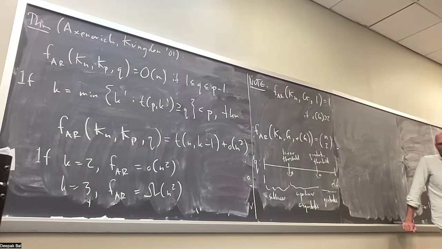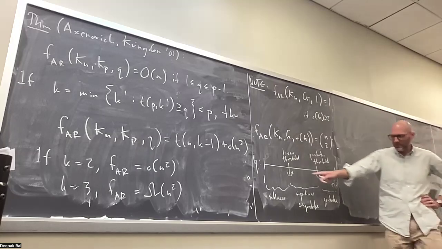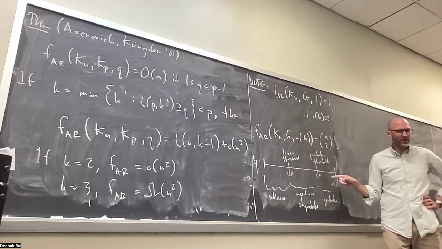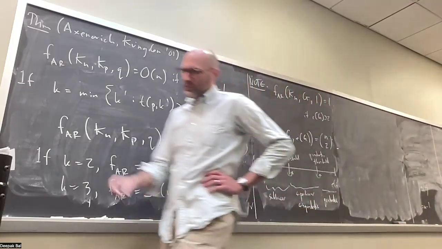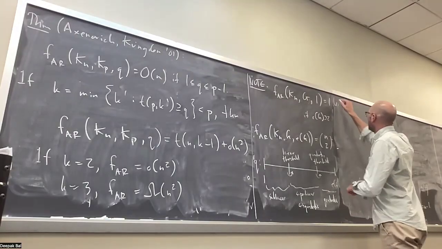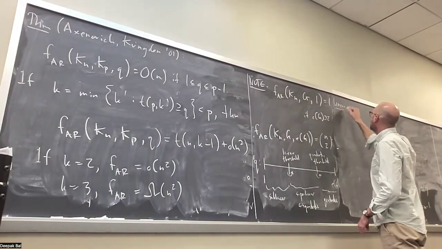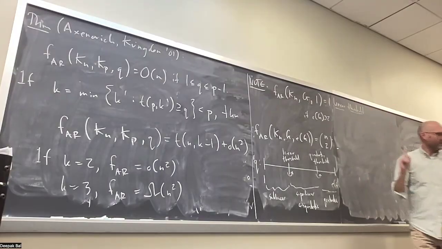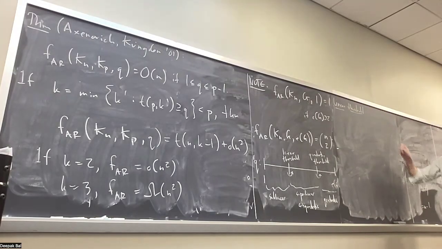So what is the size of your largest matching? That's what this depends on. And the other one depends on something a little bit funnier. So yeah. Okay, so let's think about the linear threshold. In the abstract, I said it for trees, but the same proof works for connected graphs.